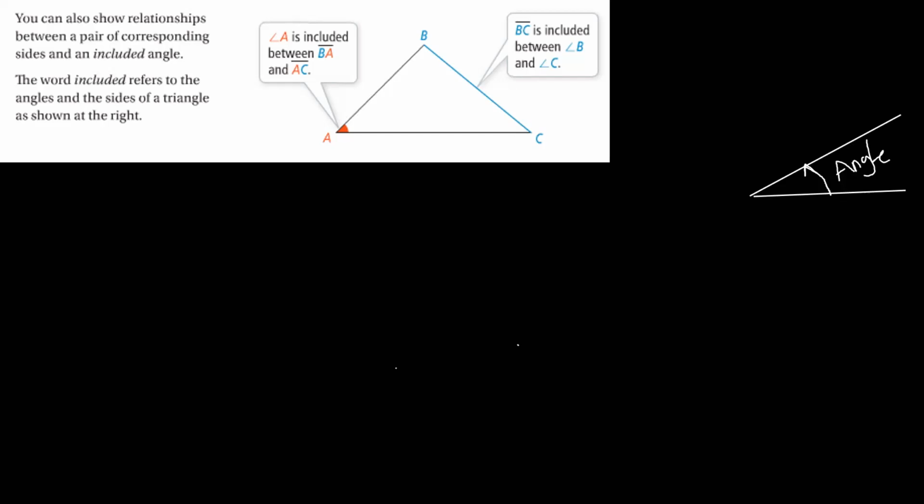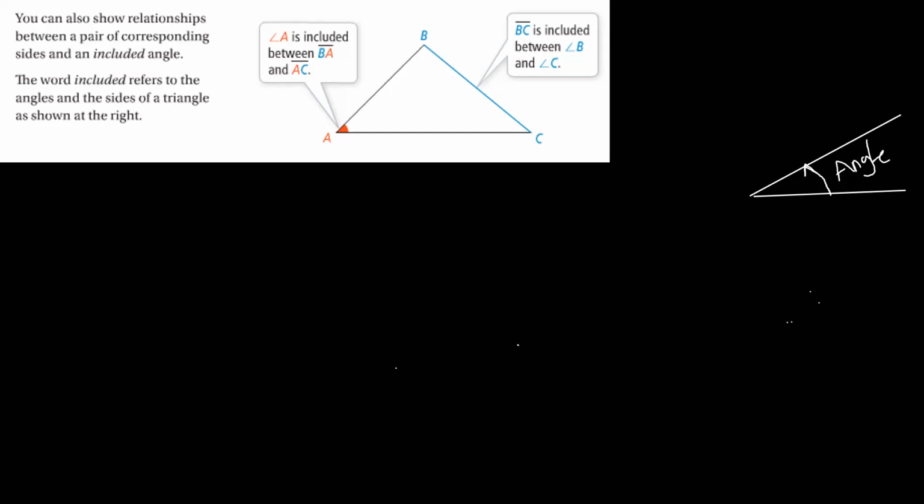I start from one line to the ray here, and I name this an angle. So the angle, if I want to say that it is an angle, I need two sides.